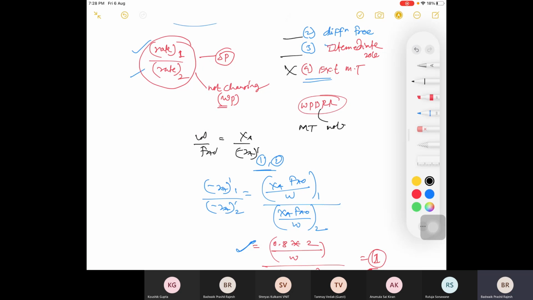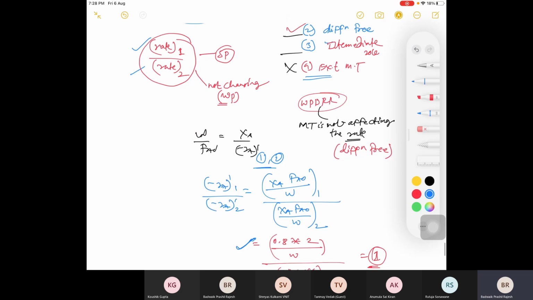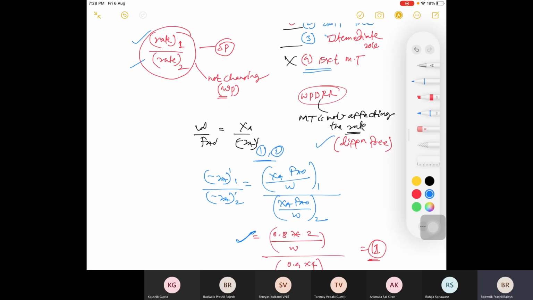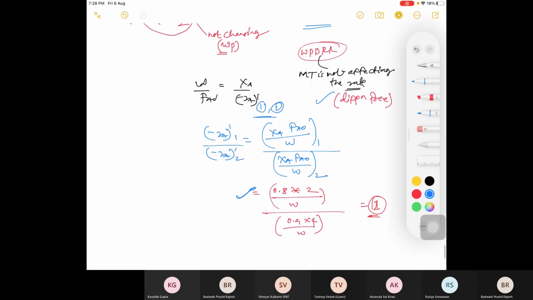I'm writing mass transfer is not affecting the rate. That means it is diffusion free. So option 2 is correct. Diffusion free. Even I was not having this answer. So your option B will be correct. Please cross check. Diffusion free.